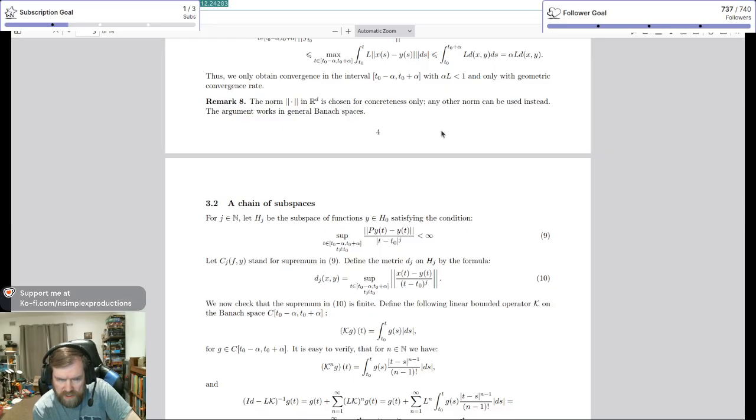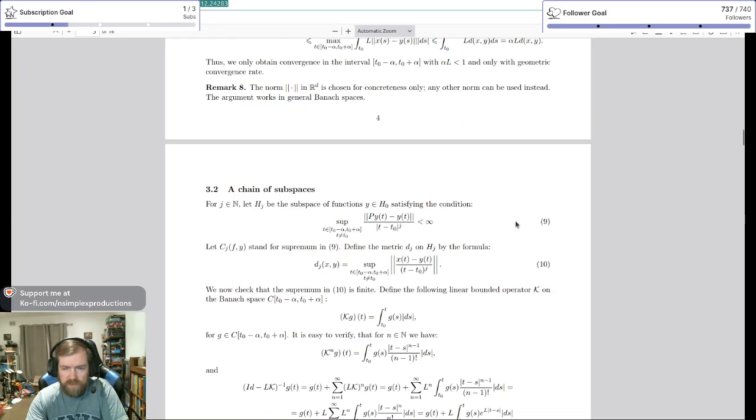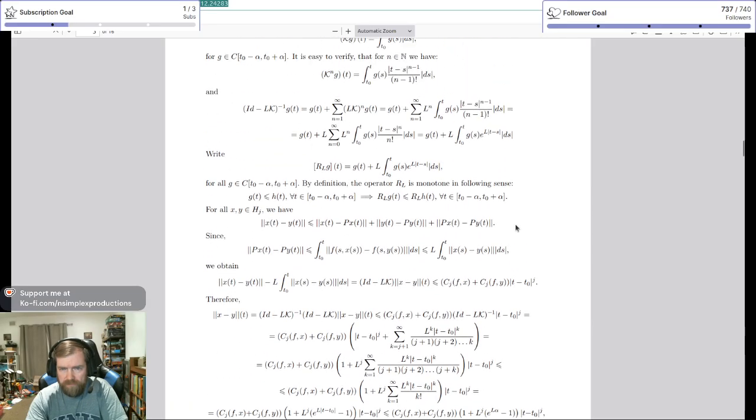For G in C, it's easy to verify that for n in the naturals, we have the following.